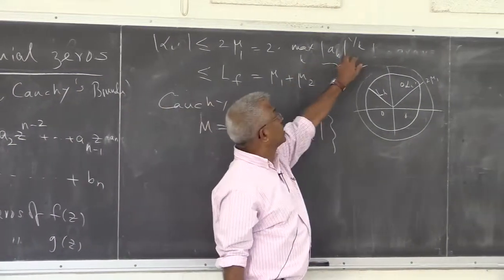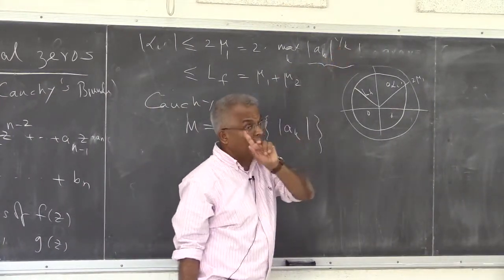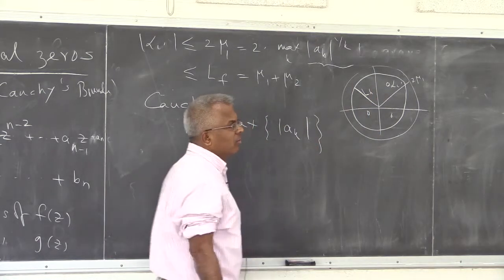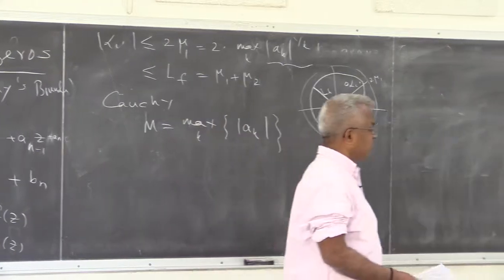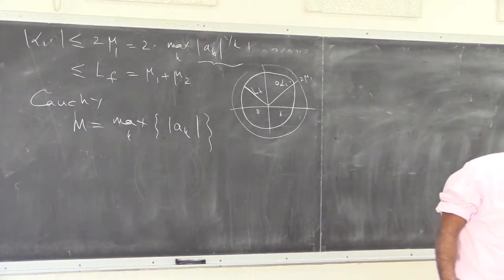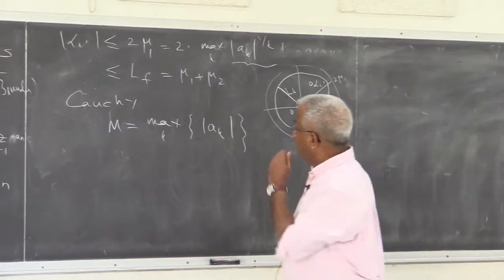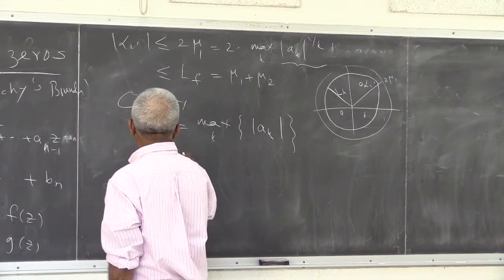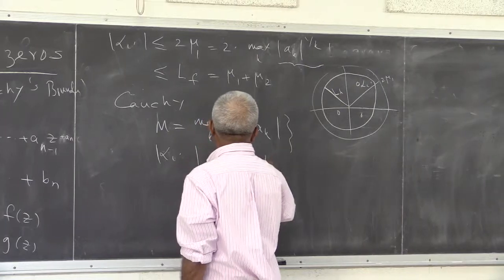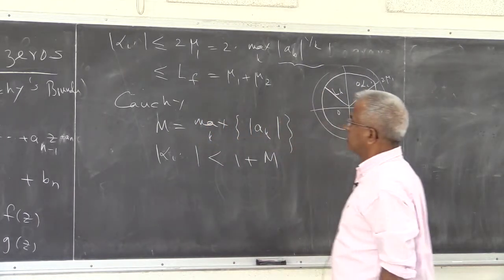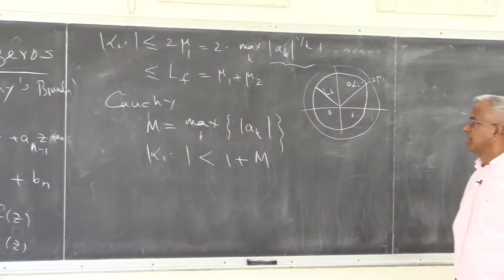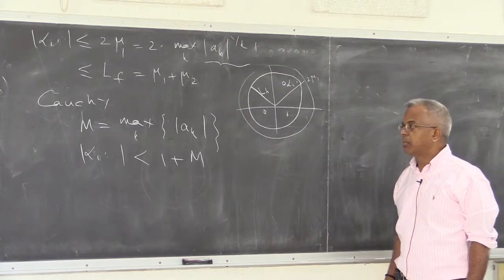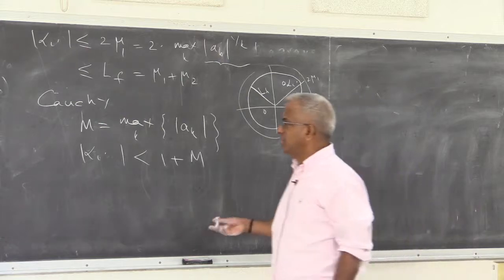Notice that in the Lagrange case, you had |ak| to the power 1 over k, k running from the higher order coefficients to the lower order coefficients. Whereas here, M is the maximum, and then this is Cauchy's result. All the roots are within a circle of radius 1 plus M.